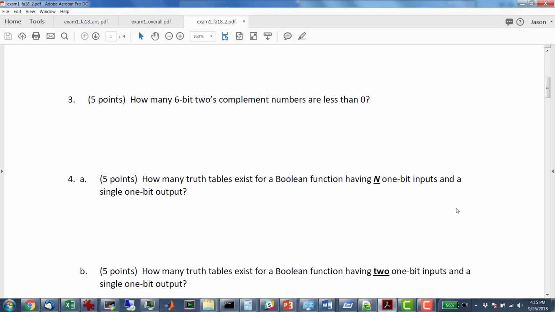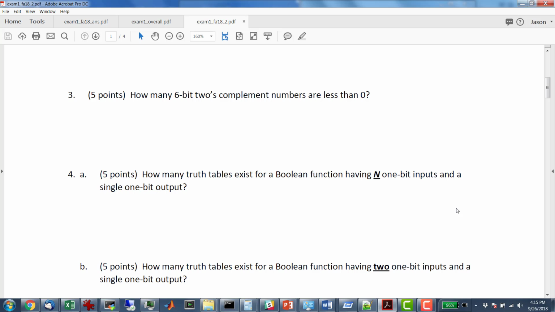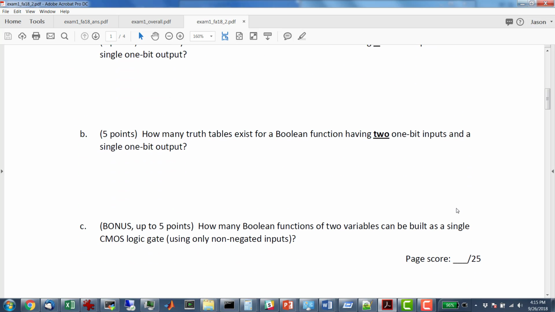Any questions about that? OK, now the next one, I made it a bonus because the question was, how many Boolean functions of 2 variables can be built as a single CMOS logic gate? So the rules with CMOS is that, remember that a CMOS gate has inputs, right?